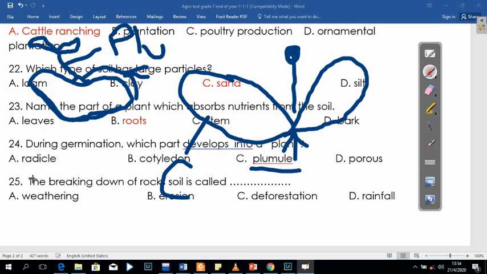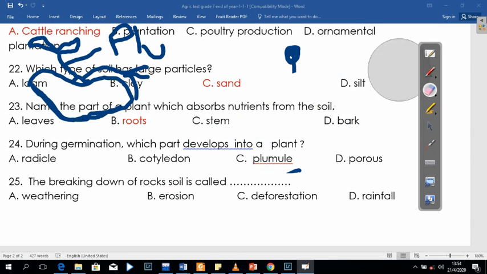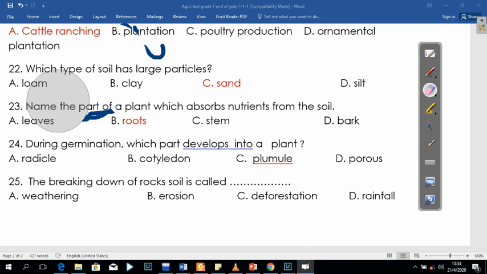So we have to know that. So the question is saying, during germination, which part develops into a plant? So definitely the correct answer is the plumule, right? Okay, let me clean my, okay, let's proceed.